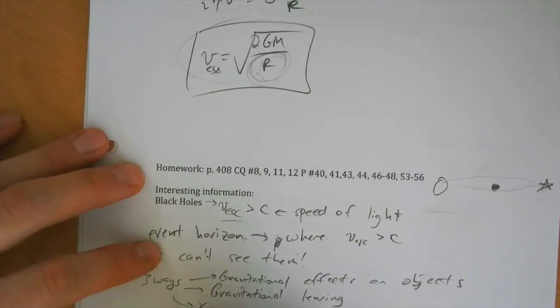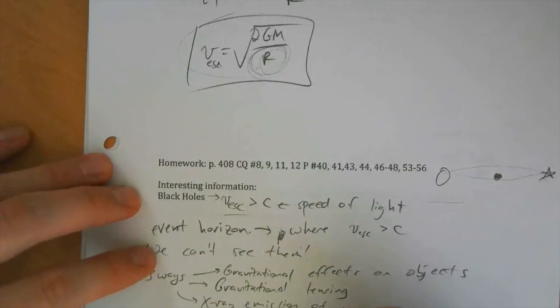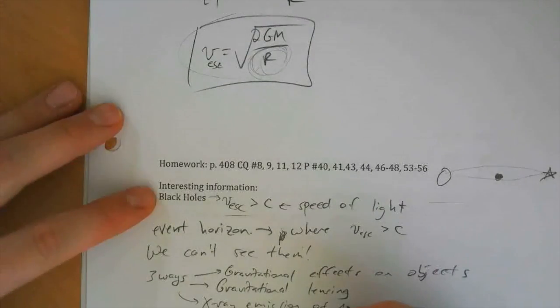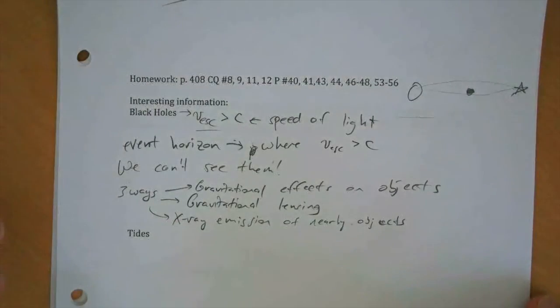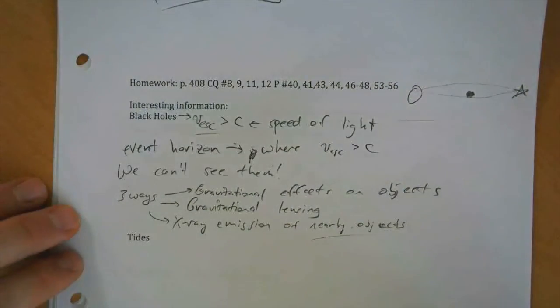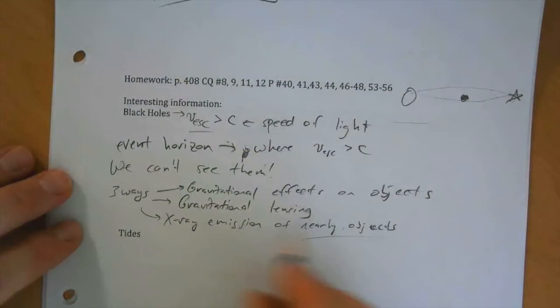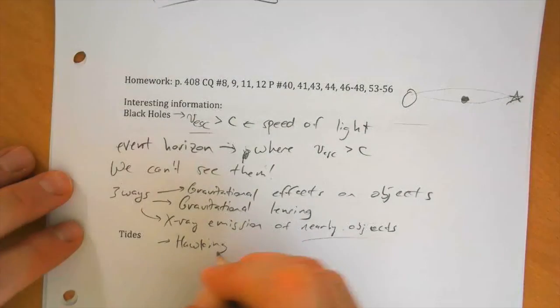Another way is via X-ray emission, not of the black hole itself, because light can't get out, but X-ray emission of nearby objects. As objects are pulled into the black hole, the gravitational force puts them under a lot of pressure, and they radiate X-rays. And actually, there's another way, detecting what's called Hawking radiation.